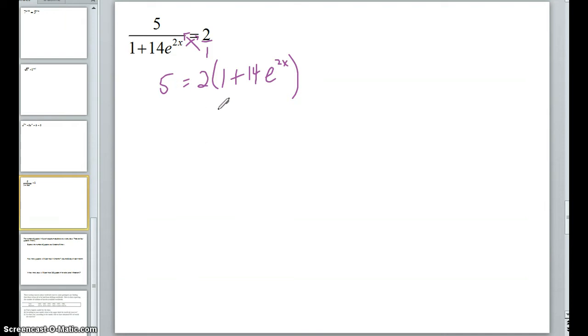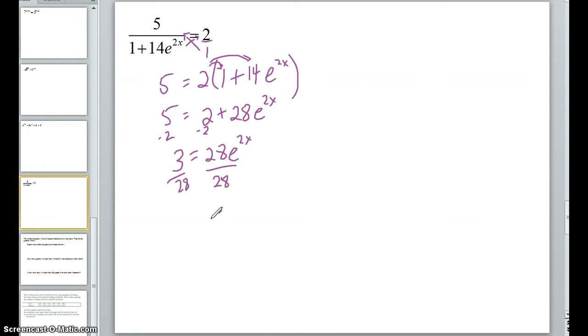And let's go ahead and multiply that in. So we're going to have 5 equals 2 plus 28 e to the 2x. Subtract 2 from both sides. Then divide by 28. We've got 3 over 28 equals e to the 2x.